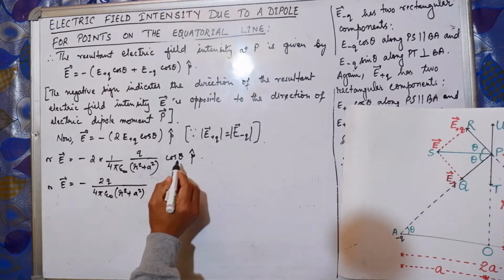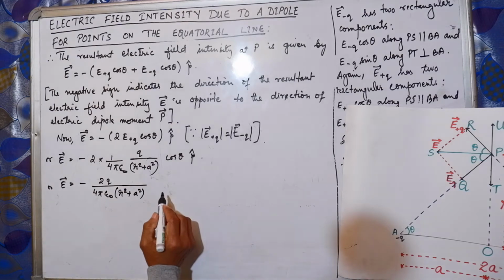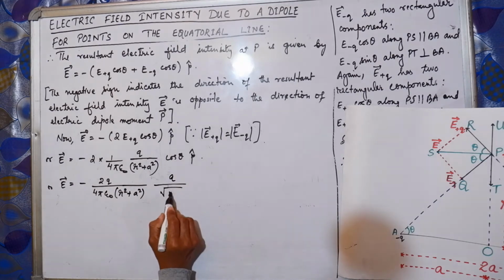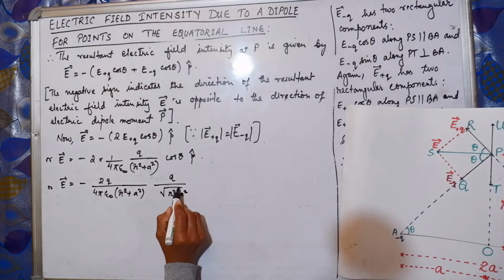Now instead of writing cos theta here, we will write it as A by root over R square plus A square.